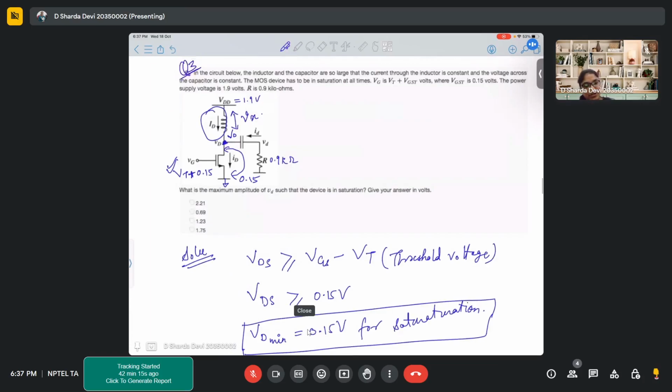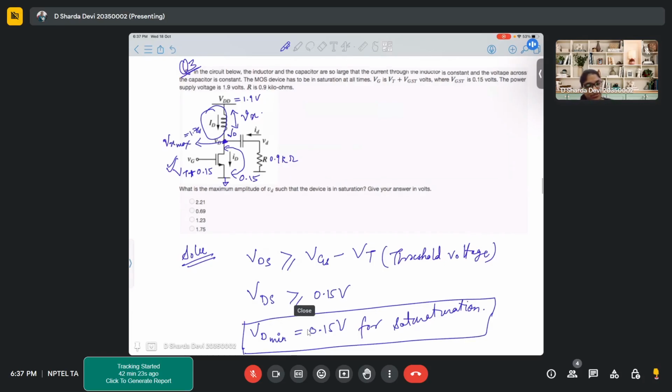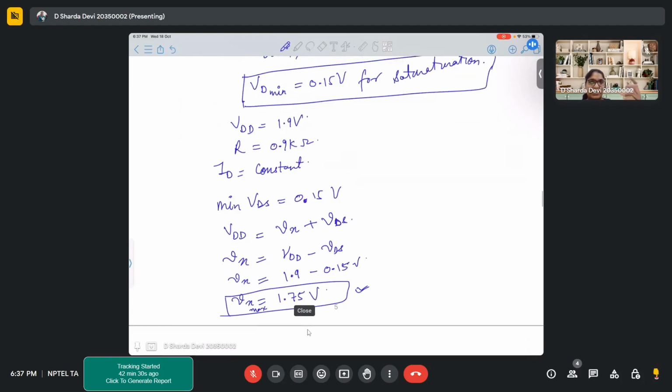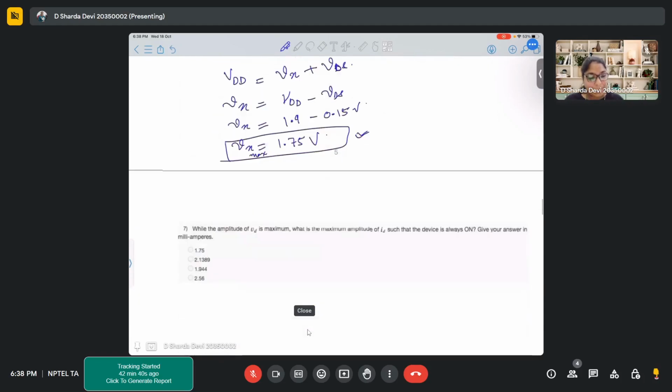This particular node can have a max of 1.75 volts. This is the maximum value, because if the drop VDS increases, then the potential at that point will also change. So this is the maximum that we can get.